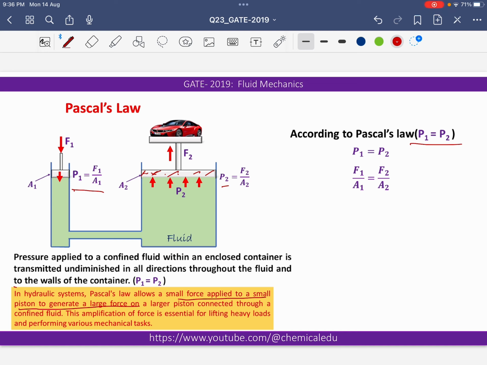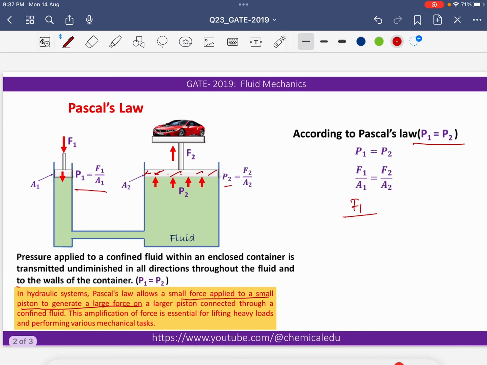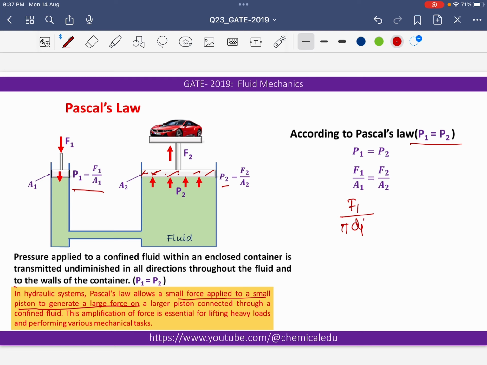Since P1 is equal to P2, F1 by A1 equals F2 by A2. If diameter is given, we can write pi d1 square by 4 for area. Pi cancels out, so we get F1 by d1 square is equal to F2 by d2 square.